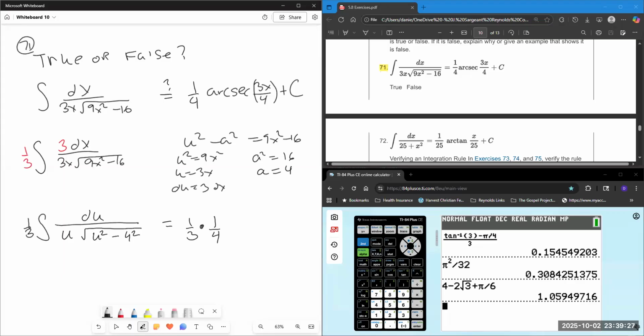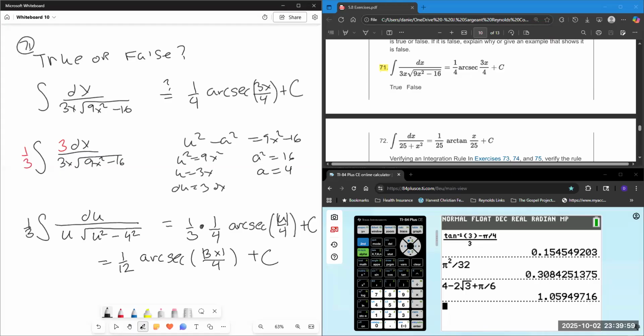1/4 arc secant of u over 4 plus c, which will be 1/12 of arc secant. U is 3x. Sorry, this is absolute value here. Absolute value of 3x over 4 plus c.